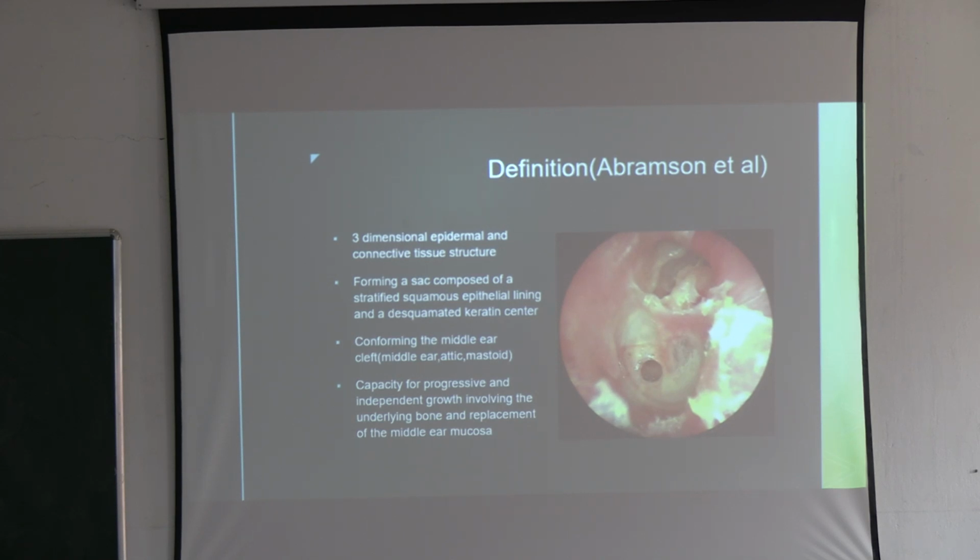The characteristic of this cholesteatoma is the capacity of progressive and independent growth involving the underlying bone and replacement of the middle ear mucosa. There is a propensity of destroying the surrounding structures, bone, ossicles, and there is replacement of the normal middle ear mucosa.